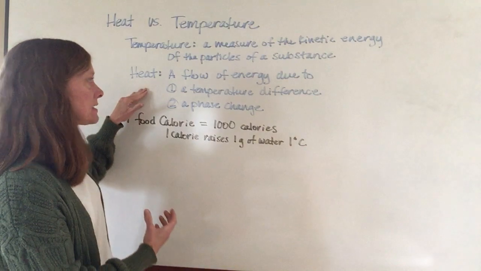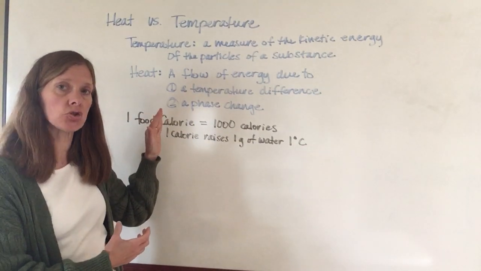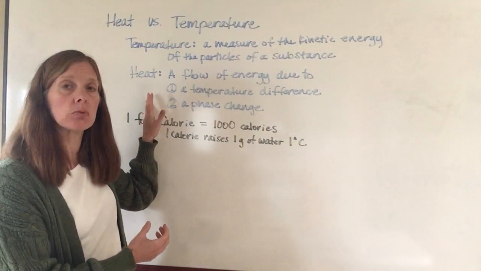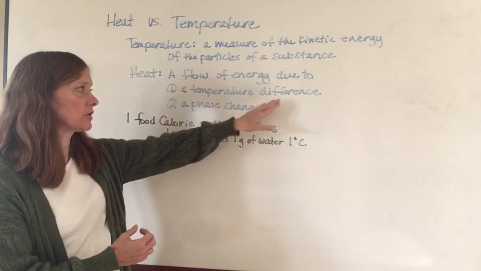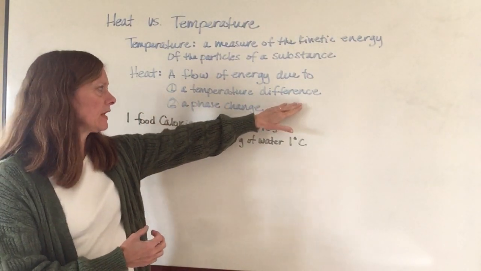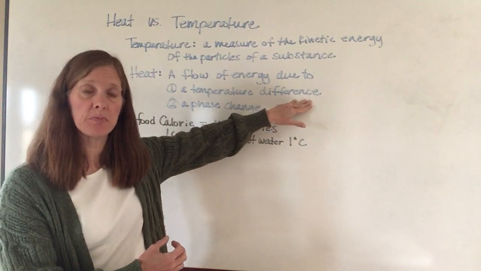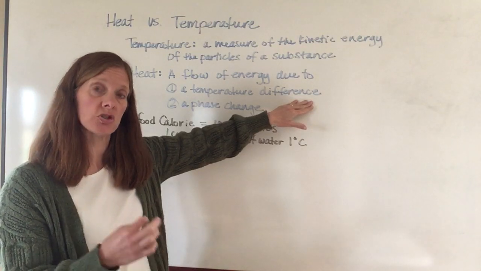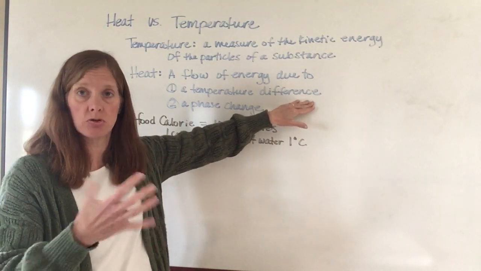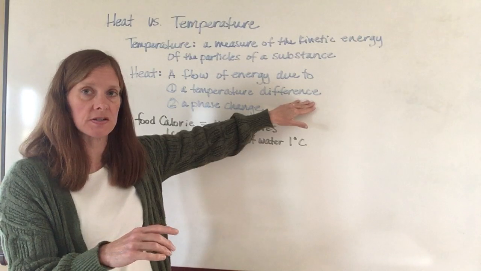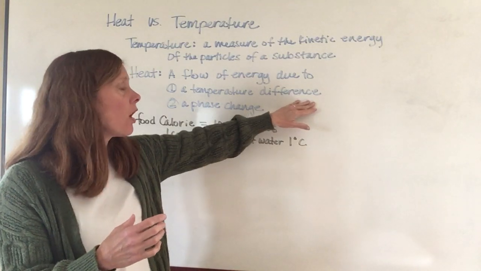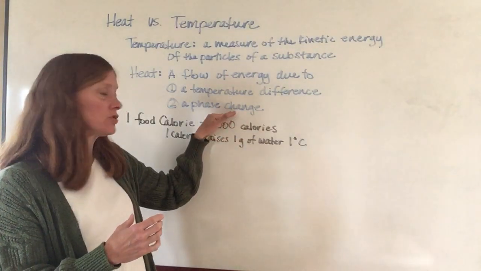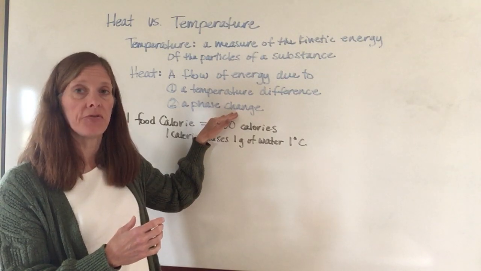So heat, when you have that flow of energy, can actually result in one of two things. It can result in a temperature difference, meaning it's going to cause the temperature to change, and eventually the temperature is going to even out between the two things until an equilibrium is reached, or it's going to cause a change in phase.